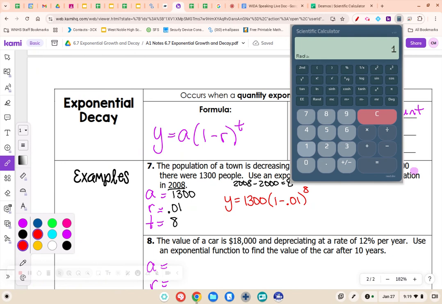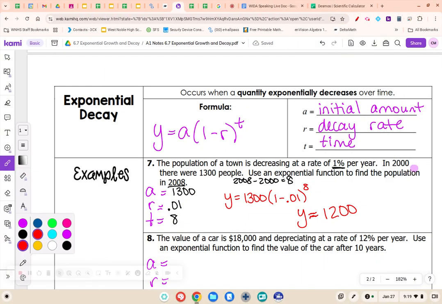We have 1 minus 0.01 to the 8th power times 1,300. Now, you can't have a part of a person, so we do have to round this. There will be about 1,200 people left in the town after 8 years.